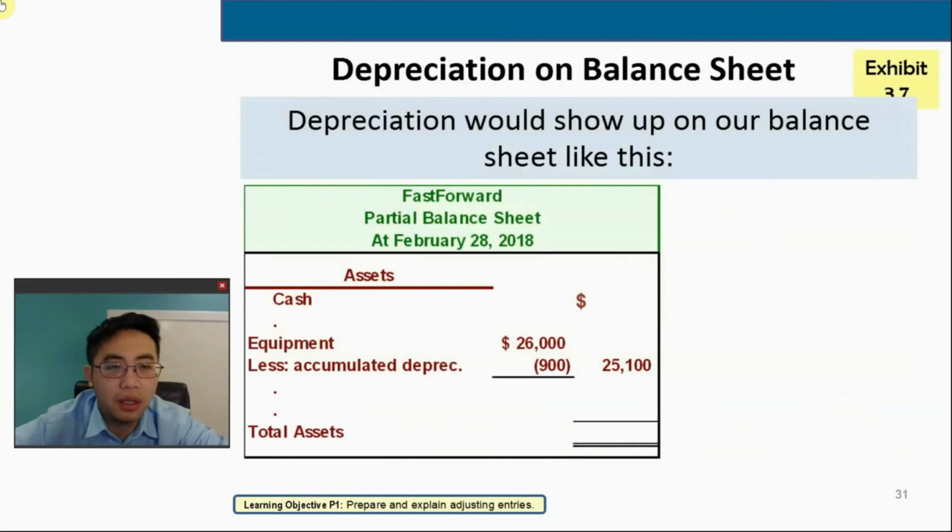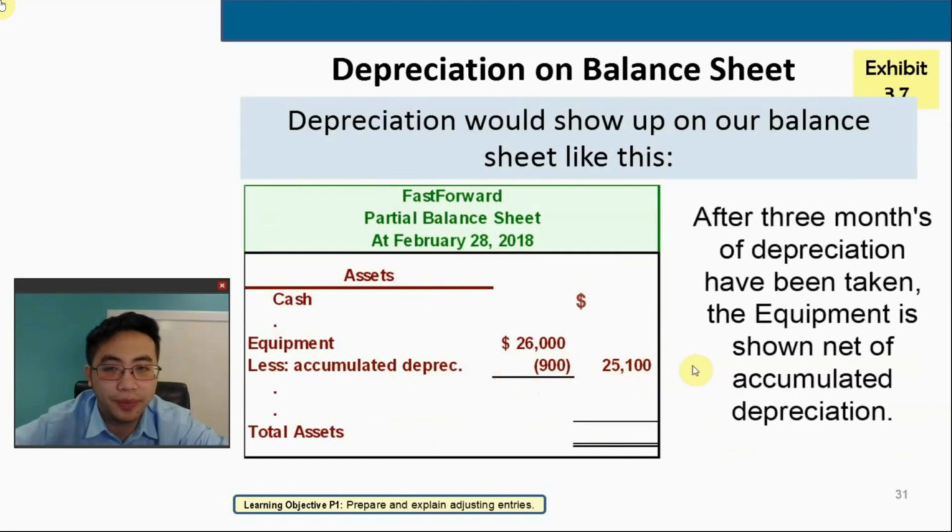And right here on the balance sheet, you will see that there's no cash involved in this whole event. But there is a $26,000 equipment, and then there's a cumulative depreciation for 3 months. Each month is 300, and then the net value of your equipment after 3 months of depreciation is 25,100.